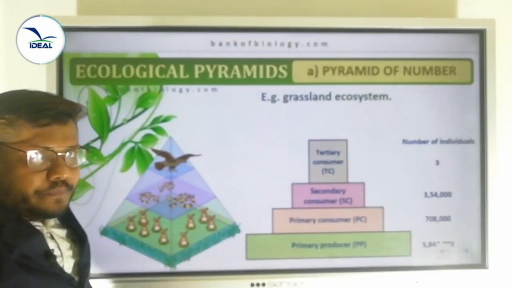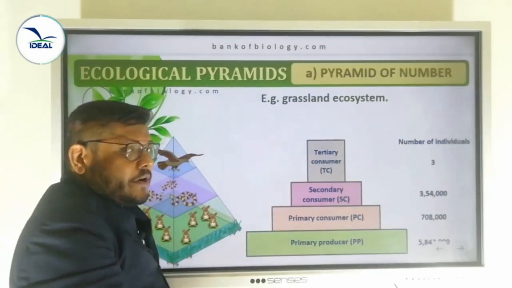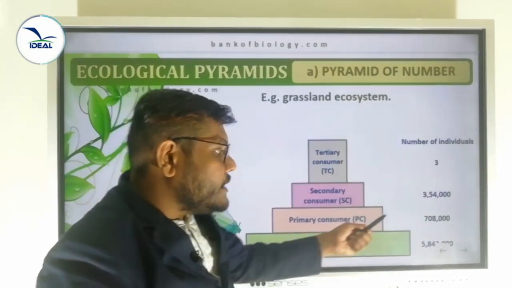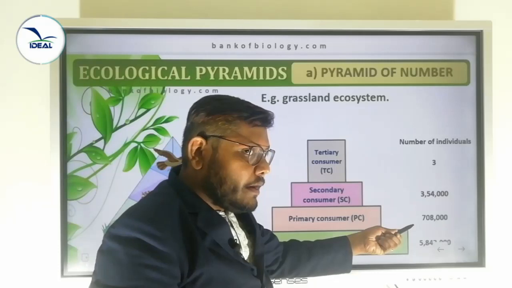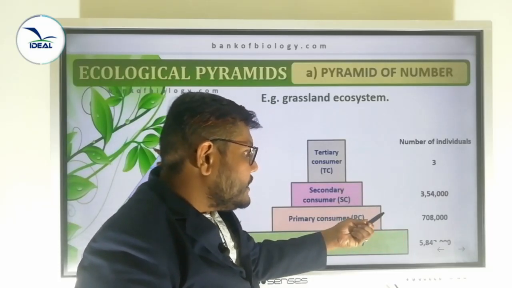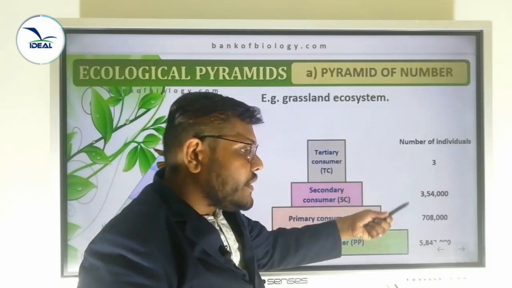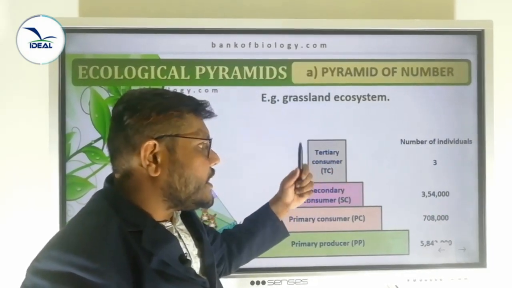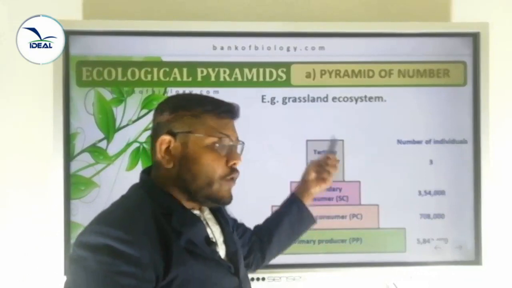Is it clear? Each trophic level represents its number of individuals. The number decreases at the second trophic level, decreases again at the secondary consumer or third trophic level, and decreases again at the top carnivore, the fourth trophic level.